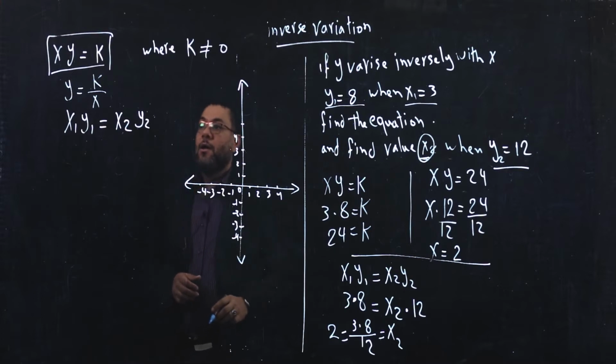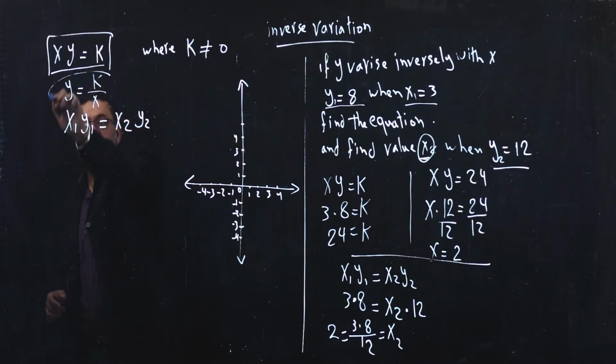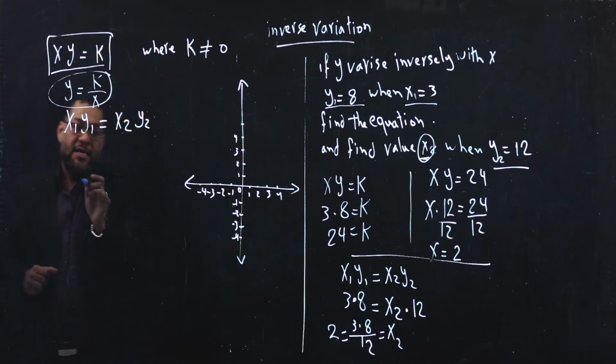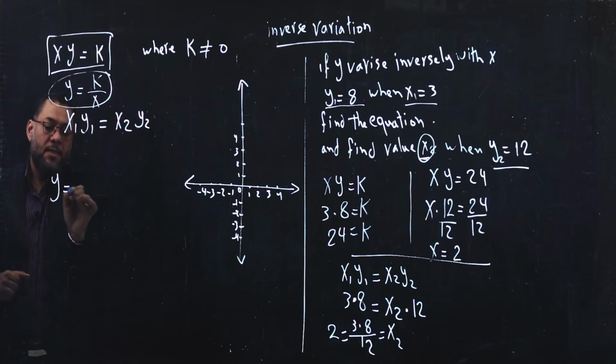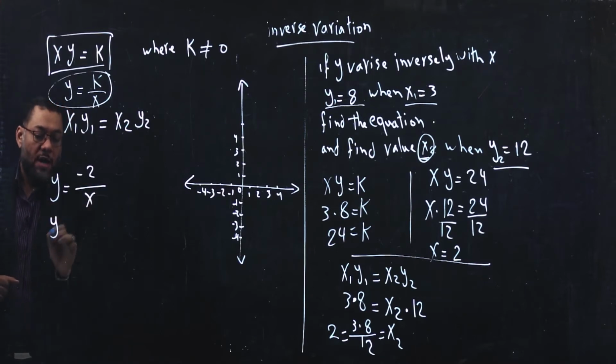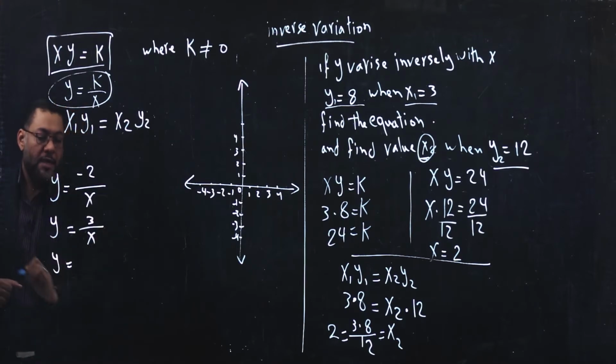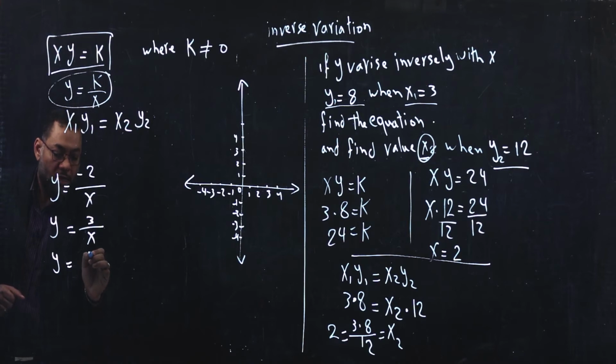So we have here, like you see, y equals k over x. I put equations like this: y equals 1 over x. Another one, y equals negative 2 over x. Another one, y equals 3 over x. Another one, y equals 2 over x plus 2.